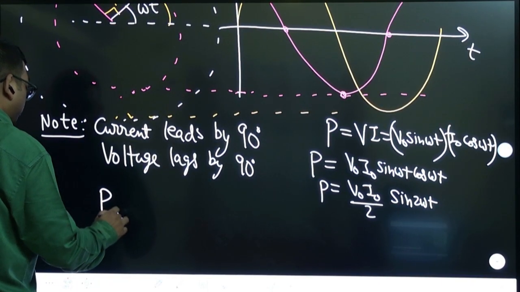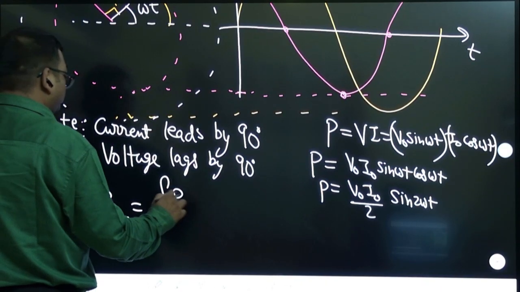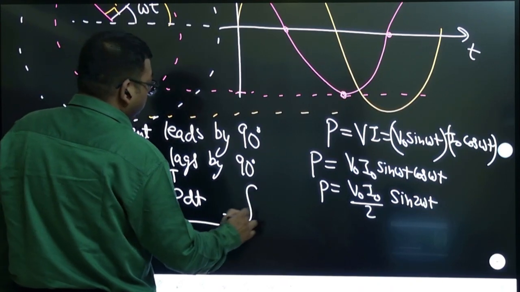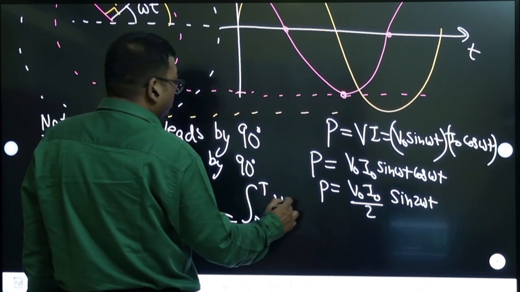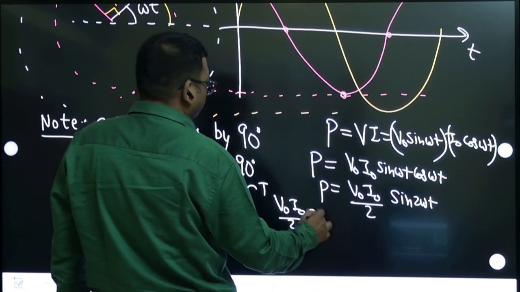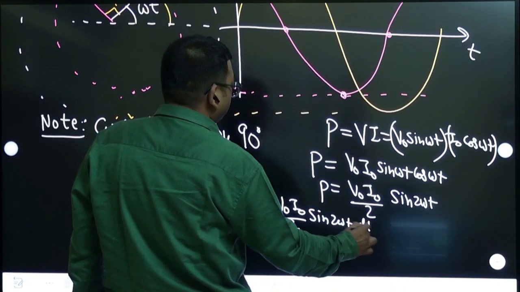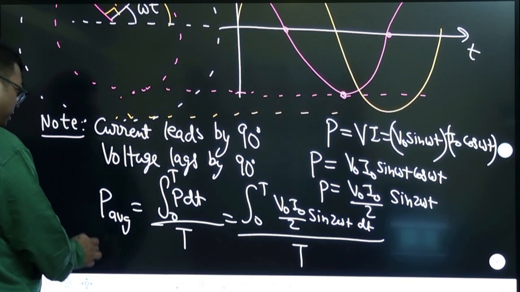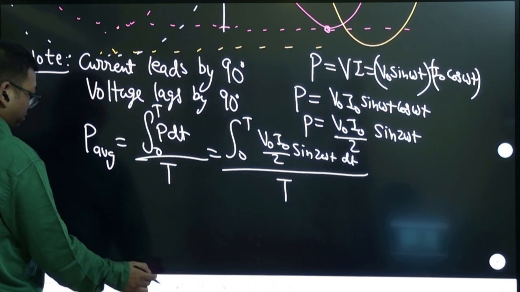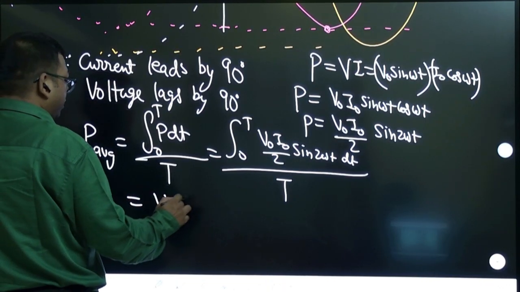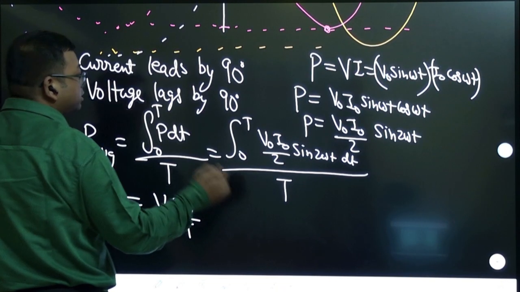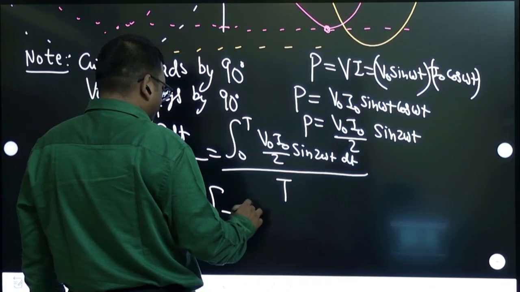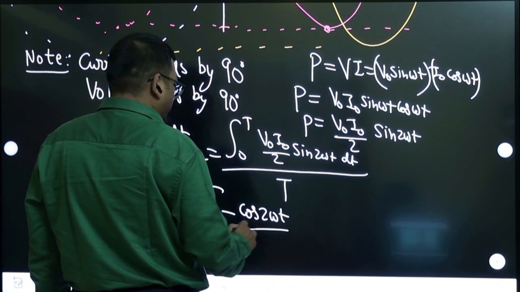So average power is the same integration, P dt from 0 to T. Power is V naught I naught by 2 sin 2 omega t dt, divided by total time. Again you do the integration in the same manner. So V naught I naught by 2T comes out, sine integration, you know again, minus cos 2 omega t by 2 omega.